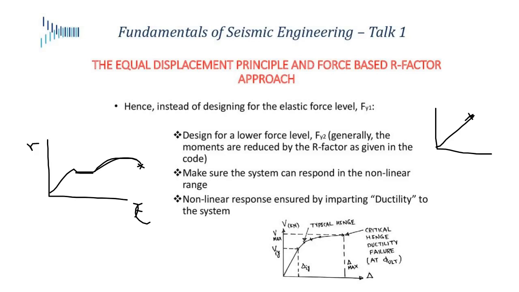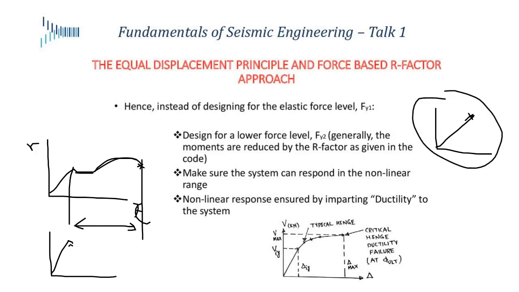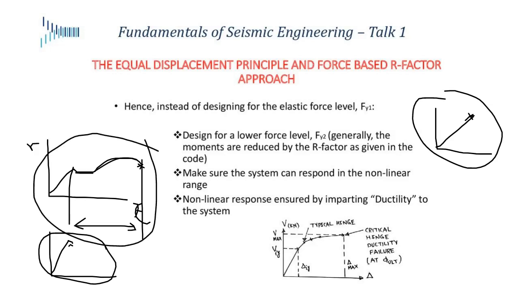So this material, after it becomes inelastic, has a lot of ductility. Contrast that with cast iron. It goes up and it breaks. You don't want your structure to do this like cast iron does. You want it to behave like this so that you're able to get this sort of behavior.